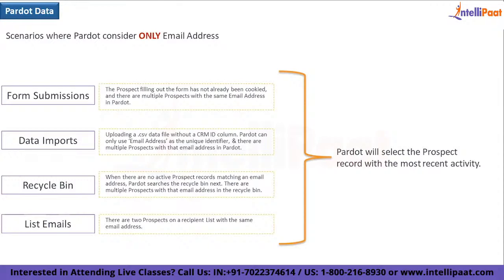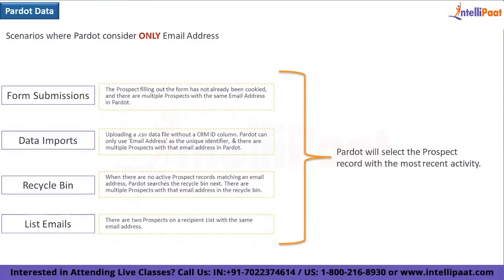Out of A, B, and C, the C record has just been updated with a value. That means she has just opened an email. The activity is captured on the C record, saying the email is opened. That is the most recent activity. You did this activity this morning, that is 1st of September.